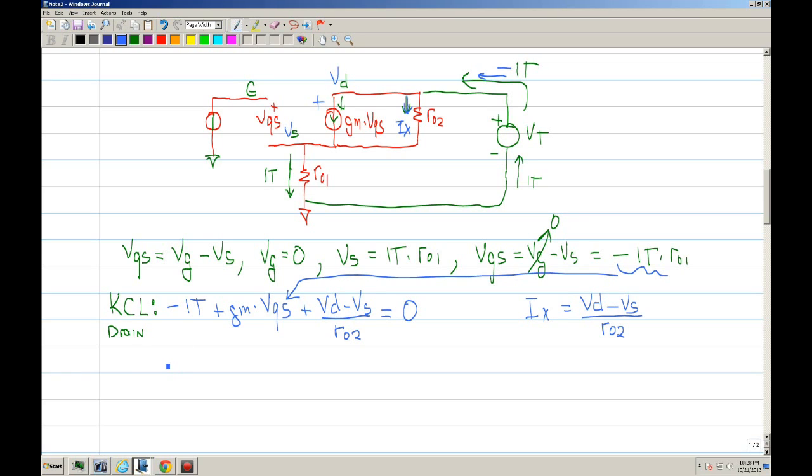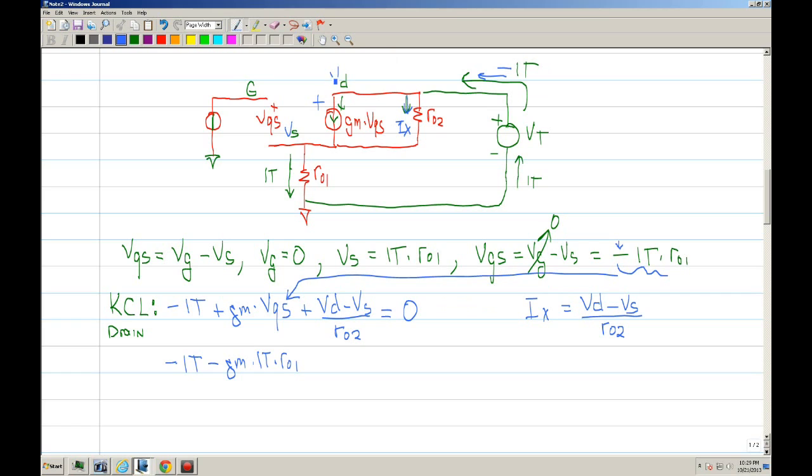Okay, so negative IT plus, since there's a negative, okay, so it's going to be a negative GM IT RO1. Excuse me.